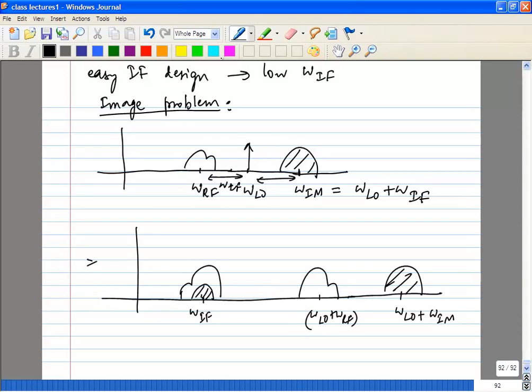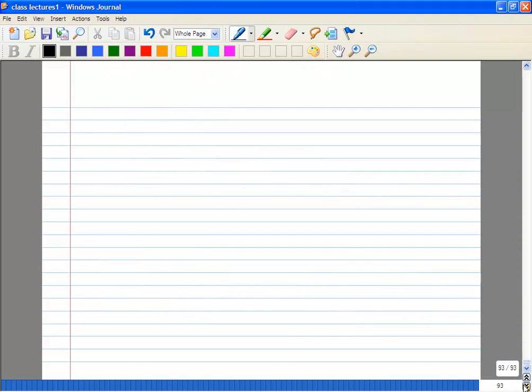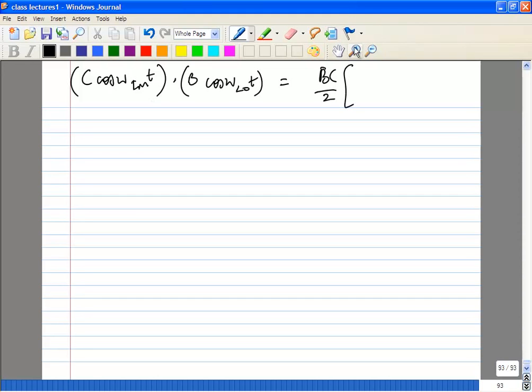So let's look at the mathematics. Let's say some other amplitude C cos omega IM t, and again you're going to get BC over 2.